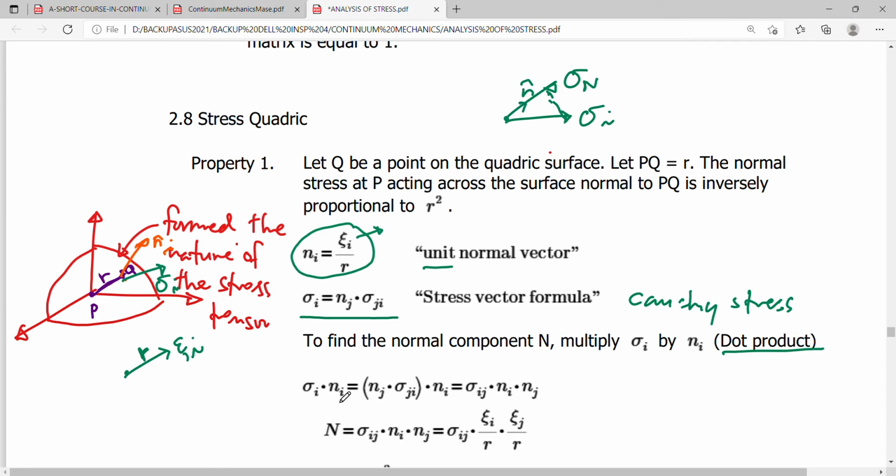So sigma i dot ni is simply equal to nj sigma ji, which comes from the Cauchy stress formula, multiplied by ni.